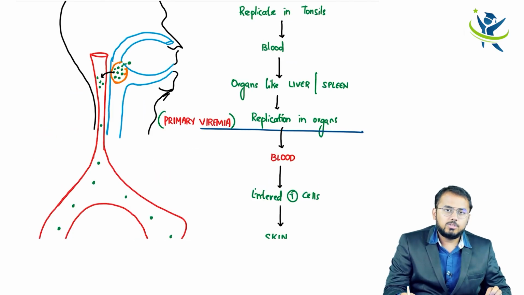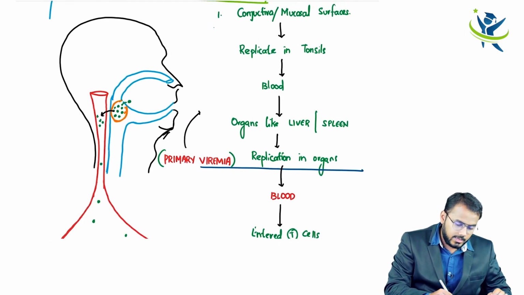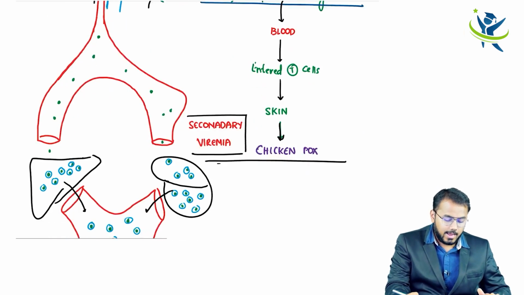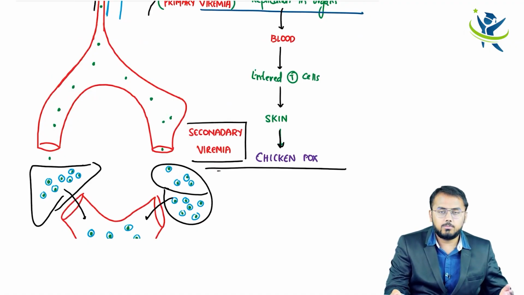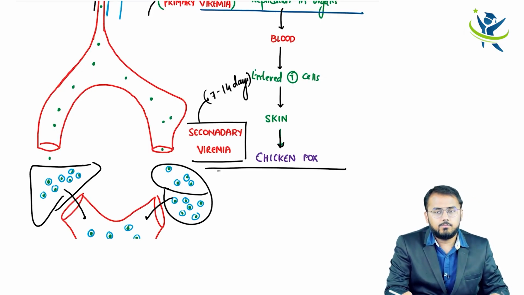How much time will it take for primary viremia? For primary viremia, it would take around 4 to 6 days, and for the chickenpox rash to occur, the secondary viremia part, it would take around 7 to 14 days.